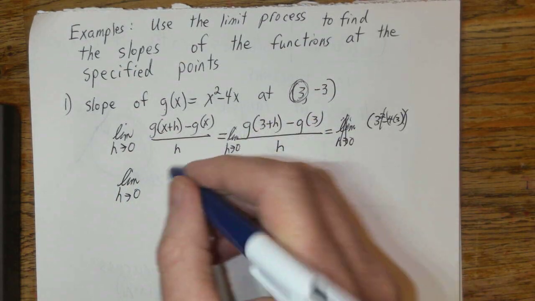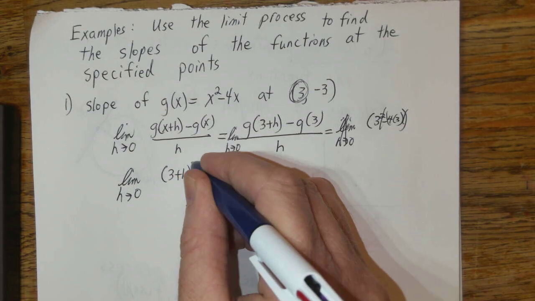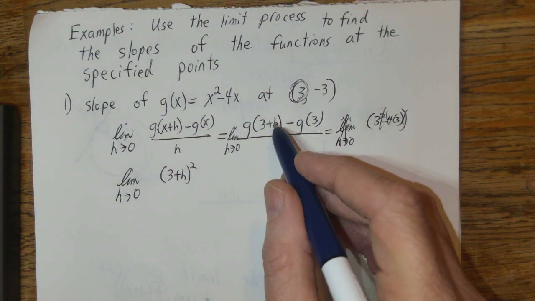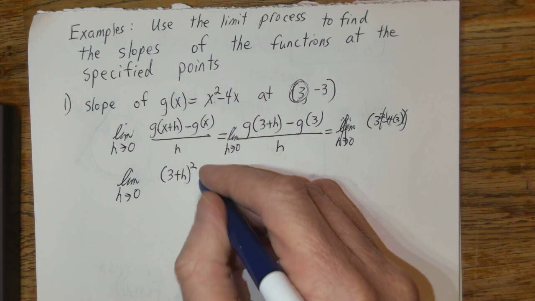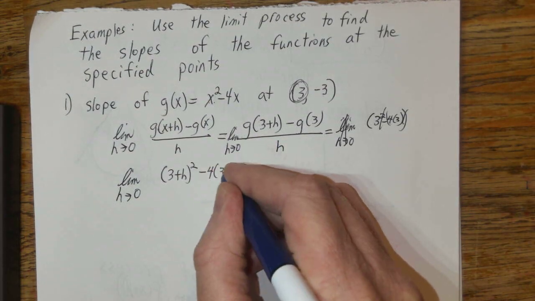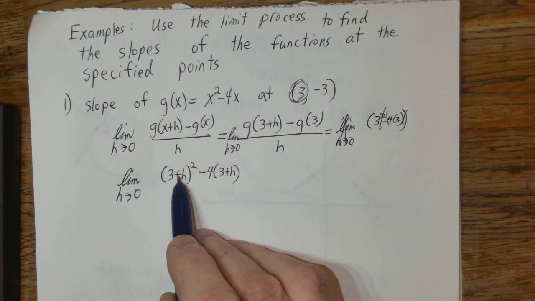Let's put 3 plus h squared, since 3 plus h is going in for x, minus 4 times 3 plus h. Okay, there's g of 3 plus h.